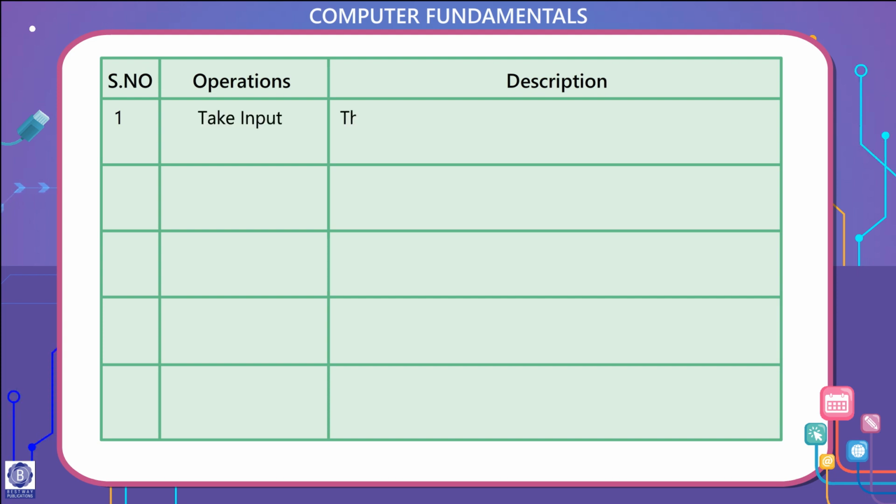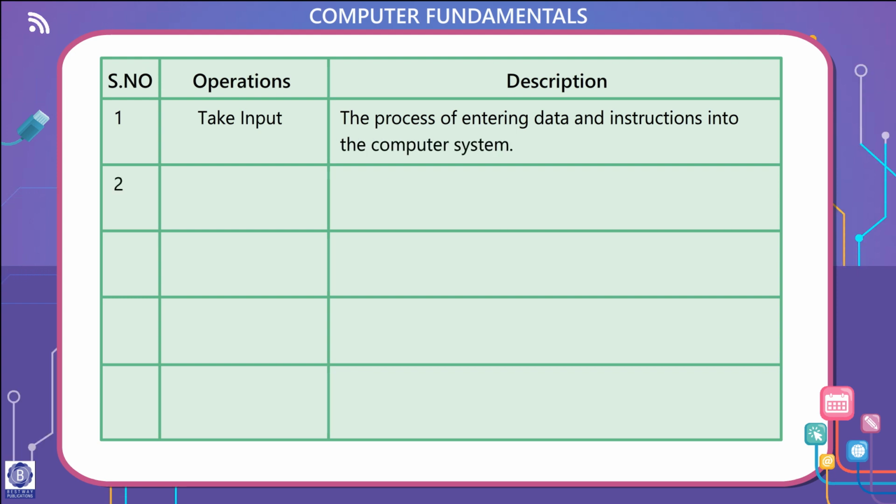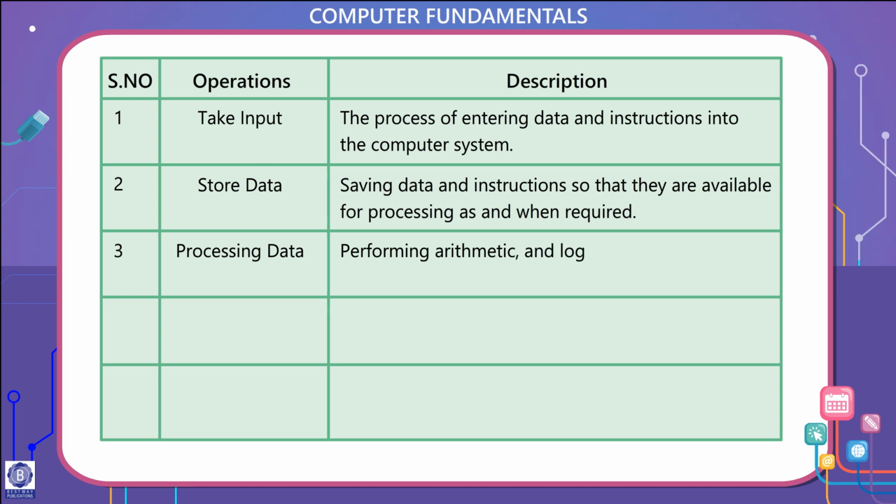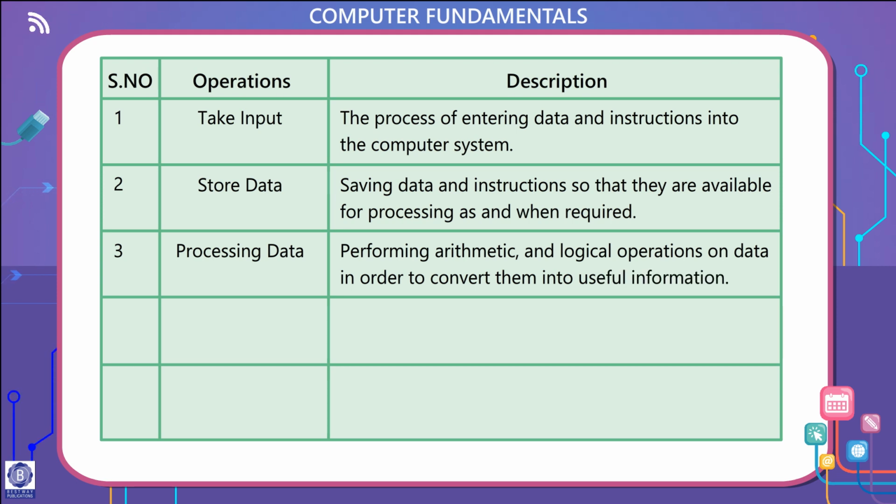Take input, the process of entering data and instructions into the computer system. Number 2. Store data, saving data and instructions so that they are available for processing as and when required.